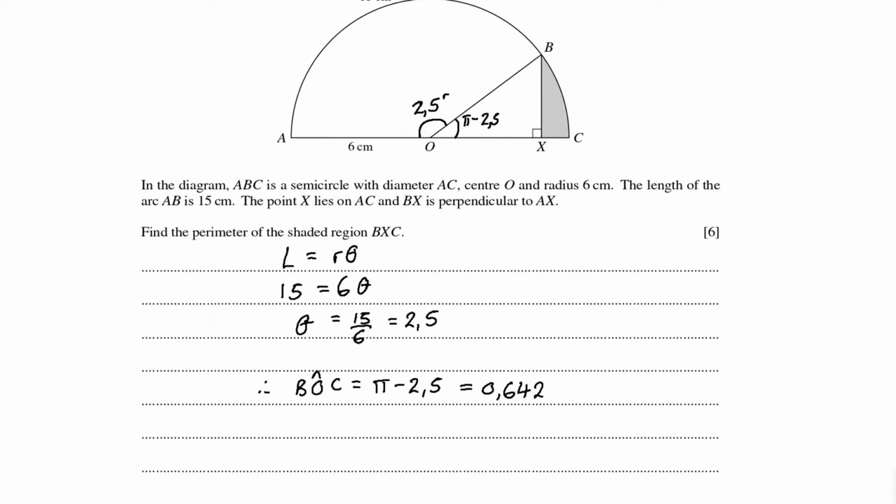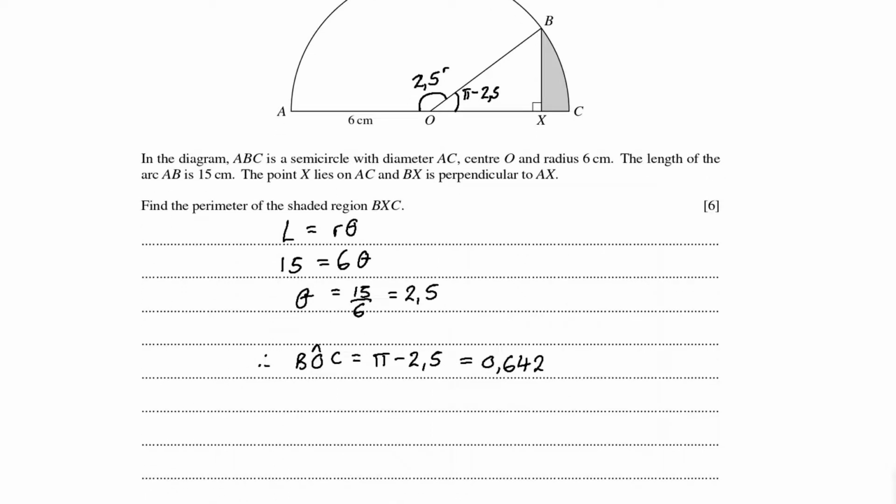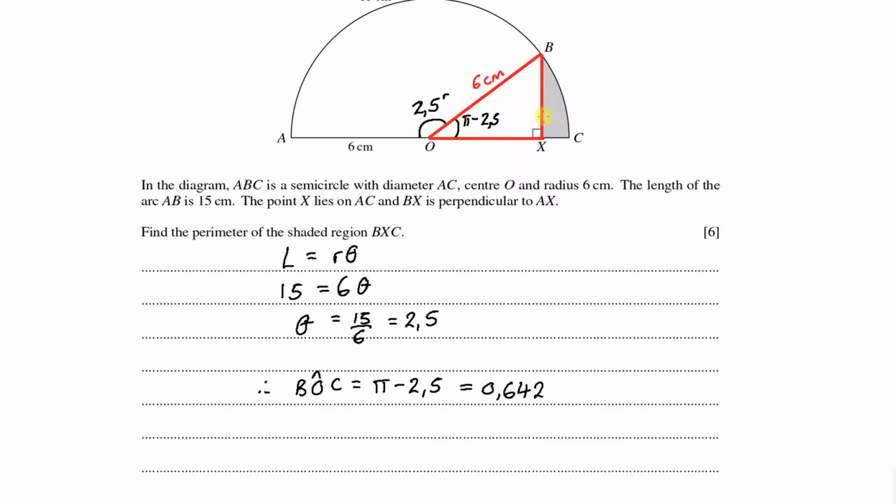Now with this value of BOC, we can now calculate the length of BX. Now if you look at BX, it is part of this triangle. And for this triangle, we know that OB is 6 centimeters. So to find BX, we know that BX for this right angle triangle is the opposite side.